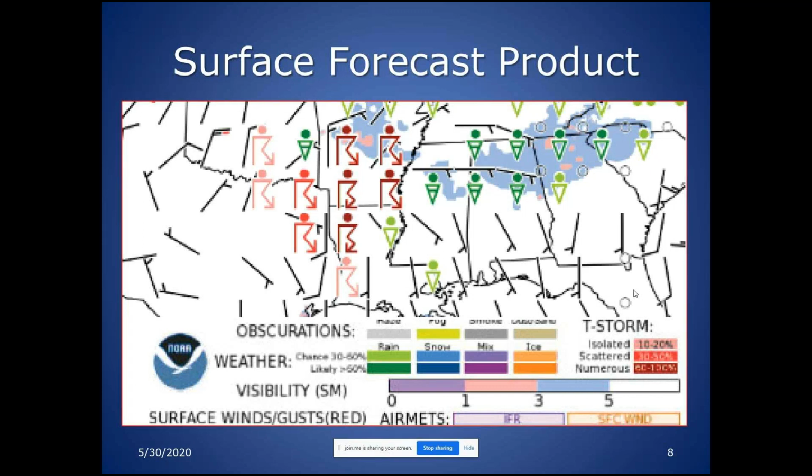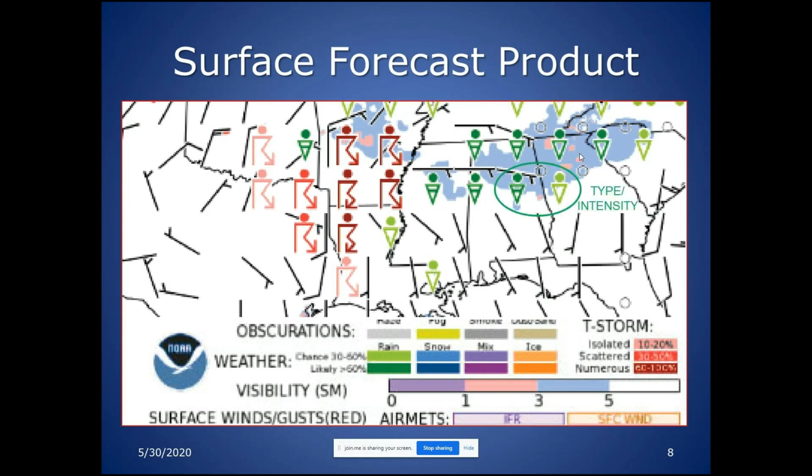Visibility grid and weather symbol or weather obstructions overlay. The color coding is the grid, which indicates various visibility values. The symbols are an overlay, which indicates the type of precipitation and intensity shown.